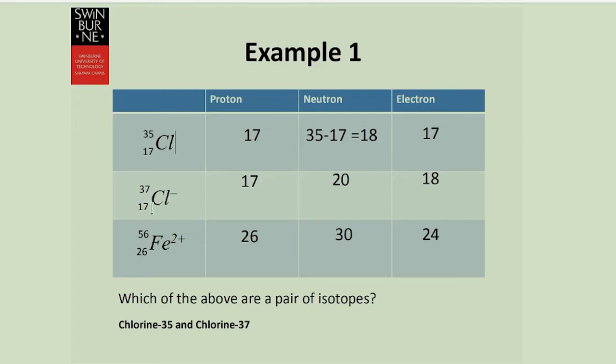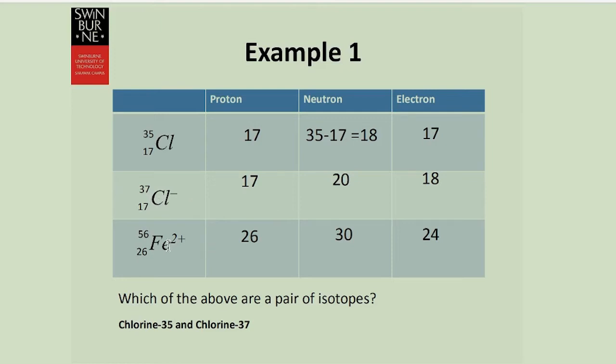So we understand that there are 17 protons, and there will be 18 electrons in it, which is why it becomes negatively charged. The neutron number is again the difference between the mass number and atomic number. So for chlorine 37, it has 20 neutrons.